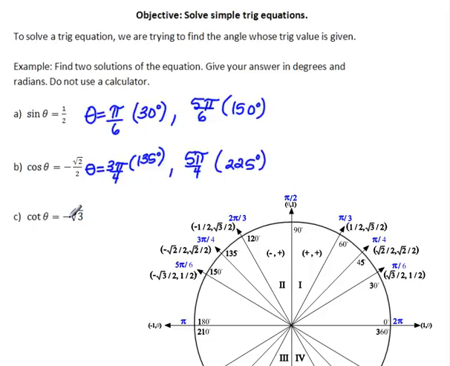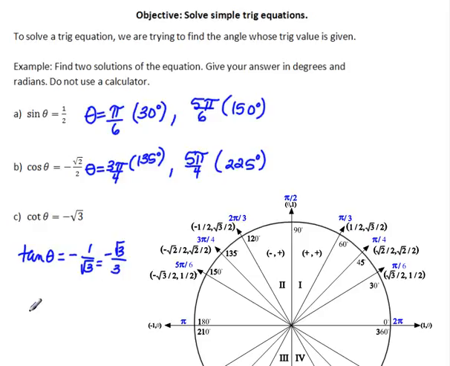Cotangent of theta is negative square root of 3. Well, what would that be? I would probably put this in terms of tangent of theta, which would be equal to negative 1 over the square root of 3, or negative square root of 3 over 3.